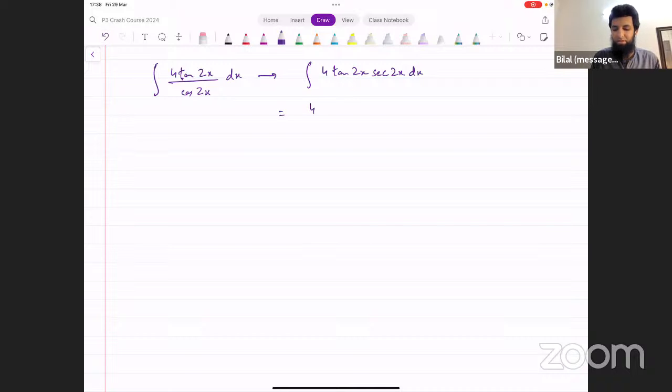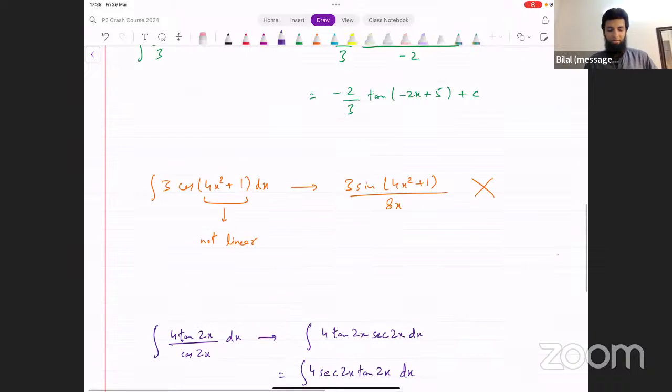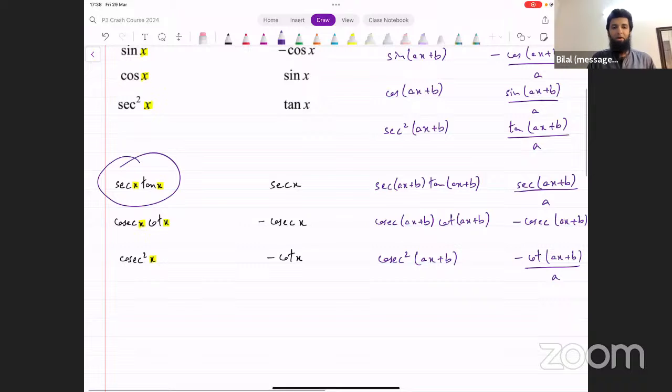If you rearrange this, that gives you 4 into secant of 2x into tan of 2x. And that should remind you of something. Secant and tan, when they're multiplying, this is the form that you have, right? Secant x tan x.